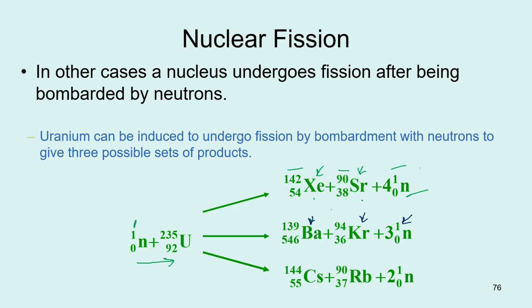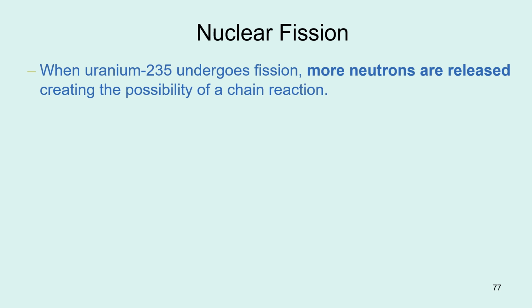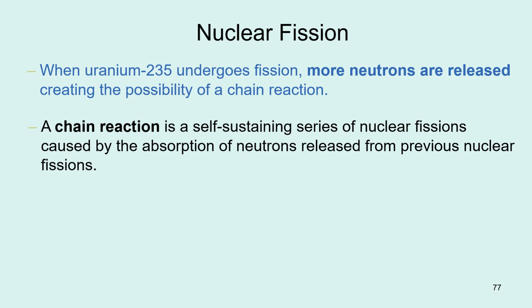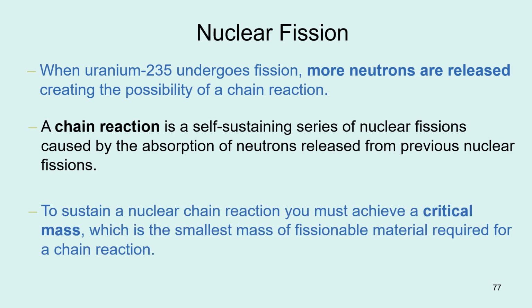But what's important now is that these neutrons are being given off, right? So more neutrons are released, and so now you start a chain reaction. A chain reaction is just a self-sustaining series of nuclear fissions caused by the absorption of neutrons released from previous nuclear fissions.